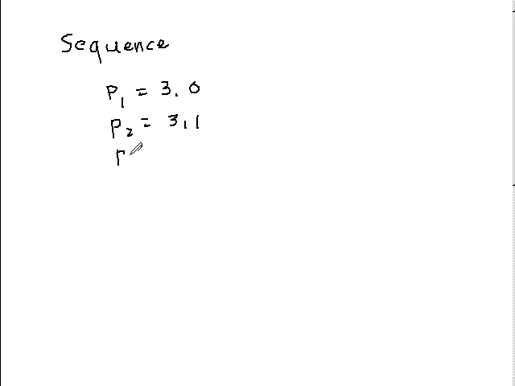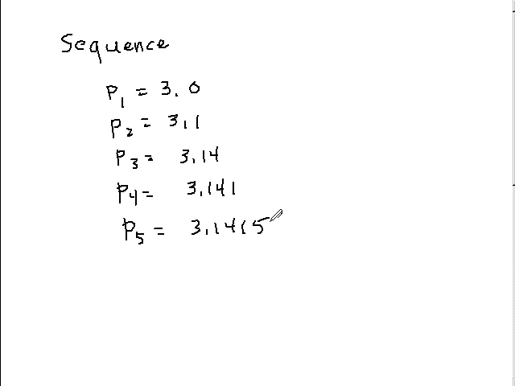And suppose P2 was 3.1, and P3 was 3.14, P4 was 3.141. So obviously these are the successive digits of pi, etc. Of course, this etc. is exactly what we mean by the limit, so we can't just hide it in terminology this way. So we want to know, what is the limit?